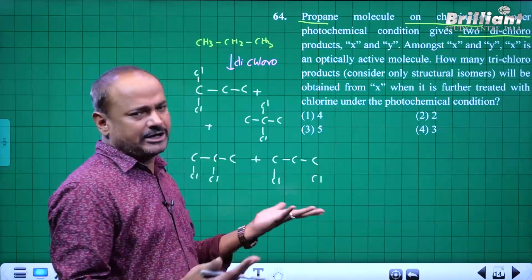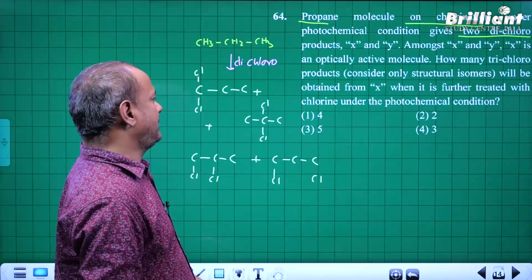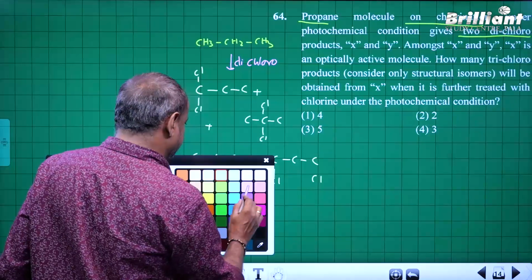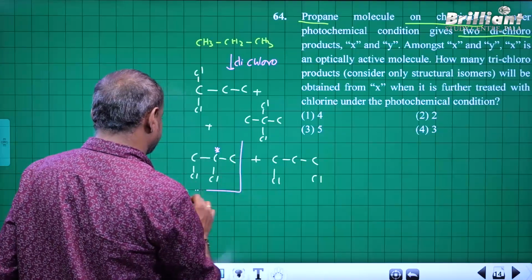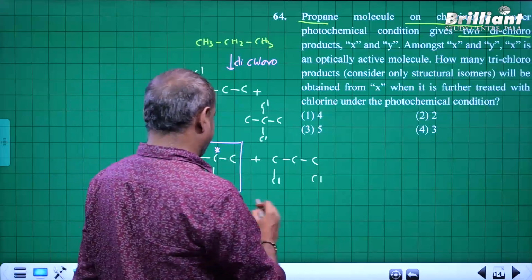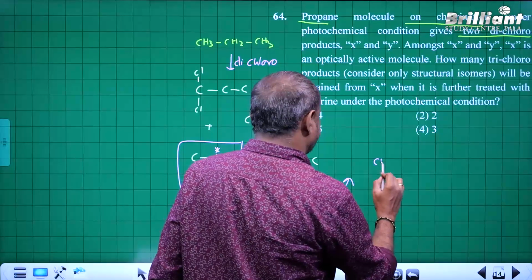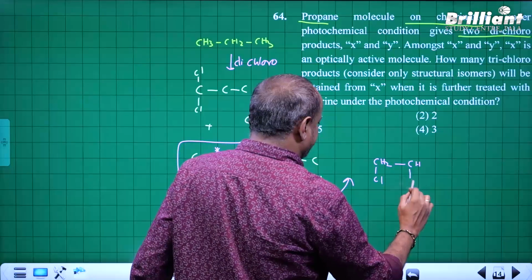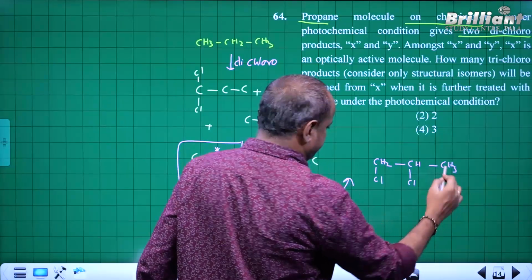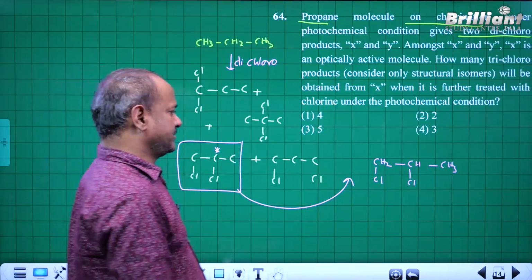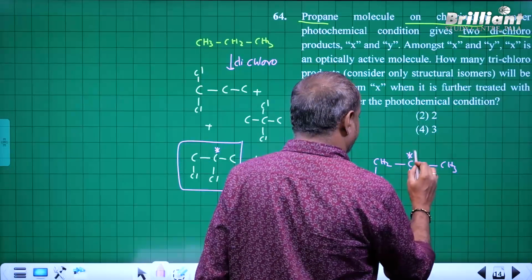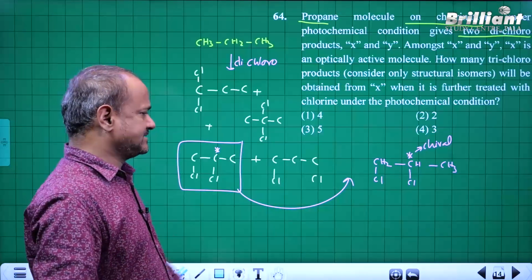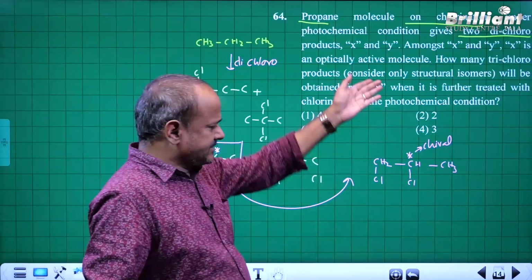So out of these four, any 2 products, among them select optically active. So chiral center requirement. This carbon is called chiral carbon. So write full formula: CH2Cl, CHCl and CH3. So this carbon is called chiral carbon, optically active, because this is CH2Cl, Cl, H, methyl group.